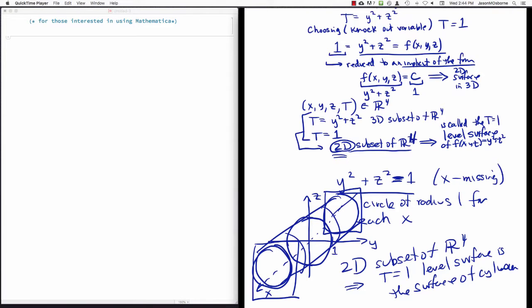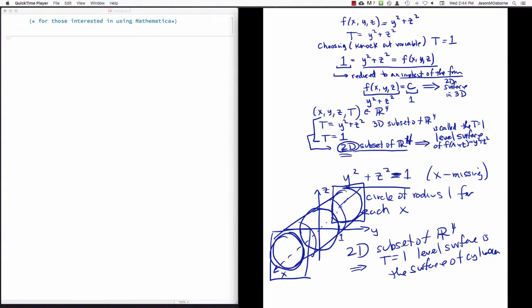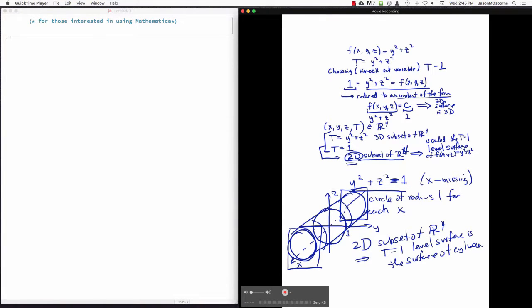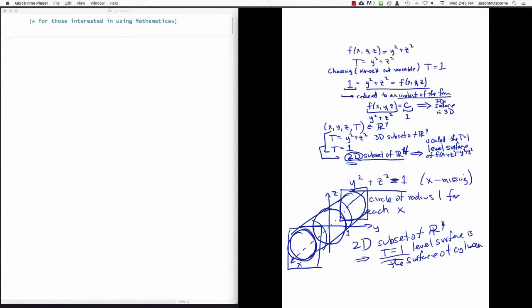Okay, so this question right here, all they asked you to do was to find an example of a level surface. Okay, we found the t equals 1 level surface. You could have chosen to find the t equals 2 level surface. You would have taken the function f of x, y, z equals y squared plus z squared and set it equal to 2.